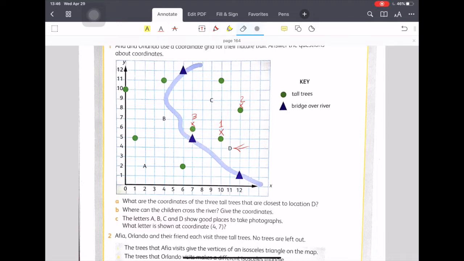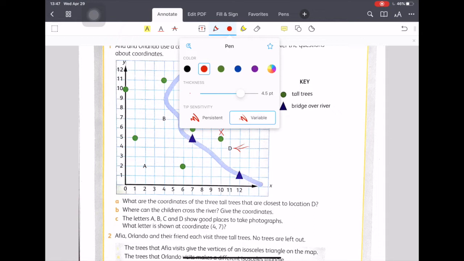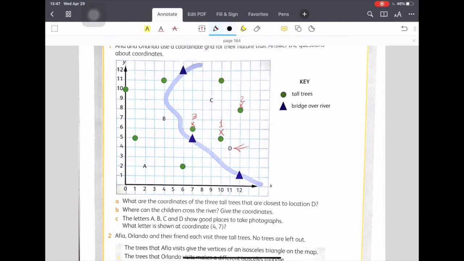Okay, so let's get started by writing the coordinates for these 3 tall trees. Here, for tree 1, the coordinates are going to be x 10 and y 5.